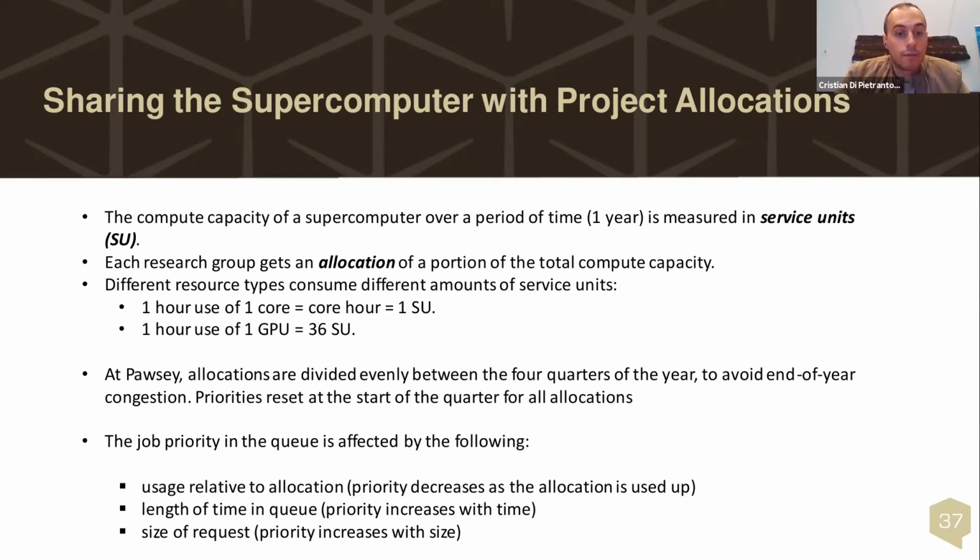For instance, if you have only used a small fraction of your allocation, then the scheduler will more likely give you a higher priority than jobs of projects that have already consumed a huge part of their allocation. We also favor large jobs, that is, jobs using many cores, because that's the best use of a supercomputer, running programs that cannot be run on normal computers.